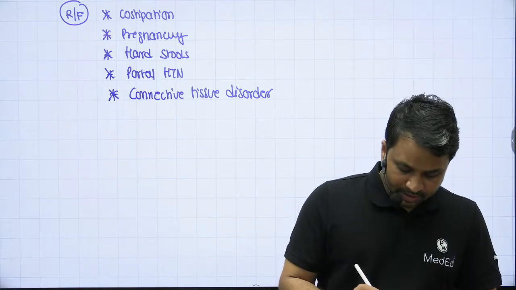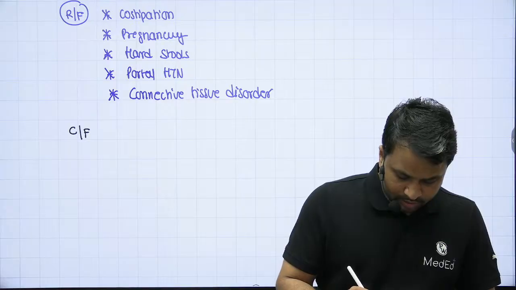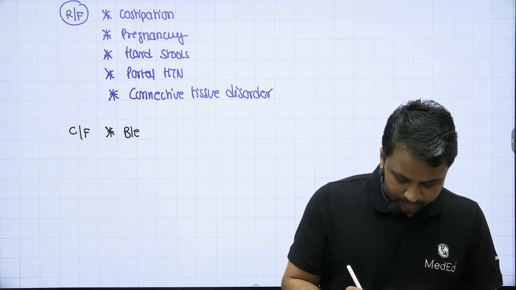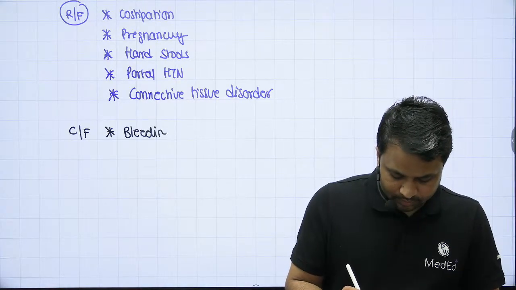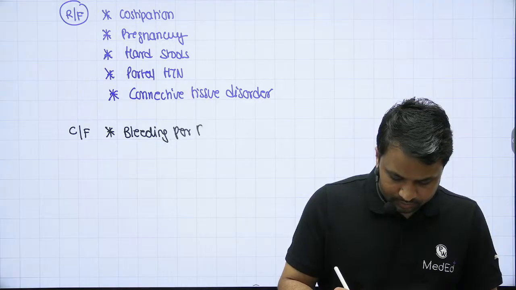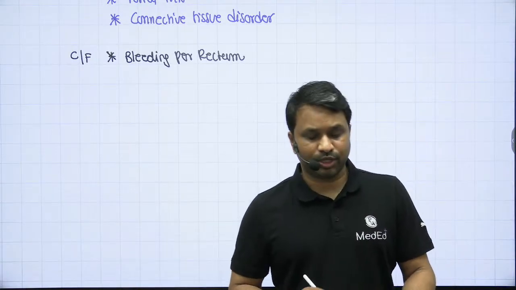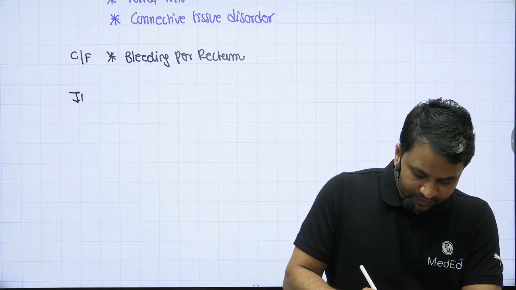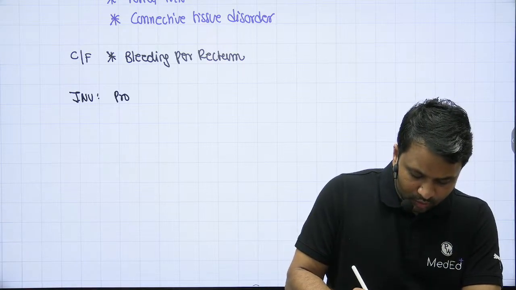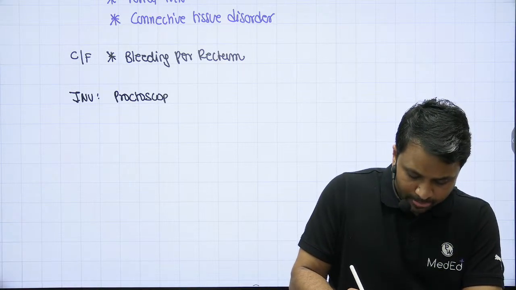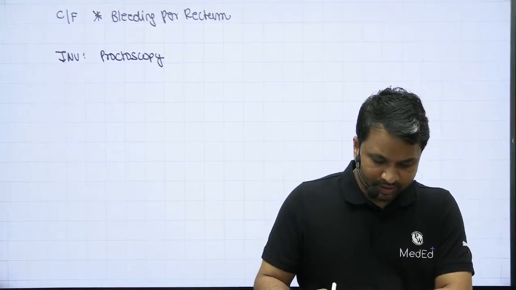The clinical presentation of hemorrhoids is usually bleeding per rectum. That's the only presentation that they usually have. When you want to evaluate this in investigation, I would do proctoscopy. Based upon the proctoscopy, we have grades of hemorrhoids.